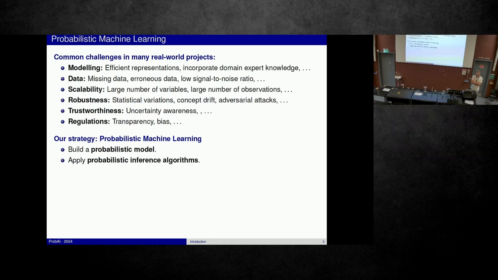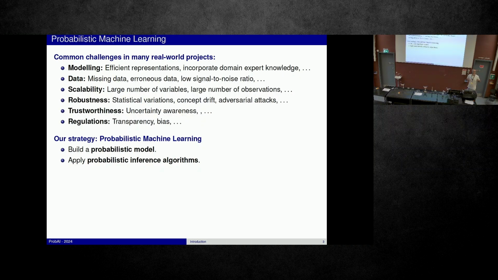So there might be interest in the modeling. How are we representing stuff? Are we able to incorporate domain knowledge? Can we be transparent about what happens? Can we handle problematic data with, say, missingness or latent variables, high noise, low signal? Can we scale? Is it robust towards outliers, out-of-distribution data? Can we do adversarial attack defenses, and so on and so forth?